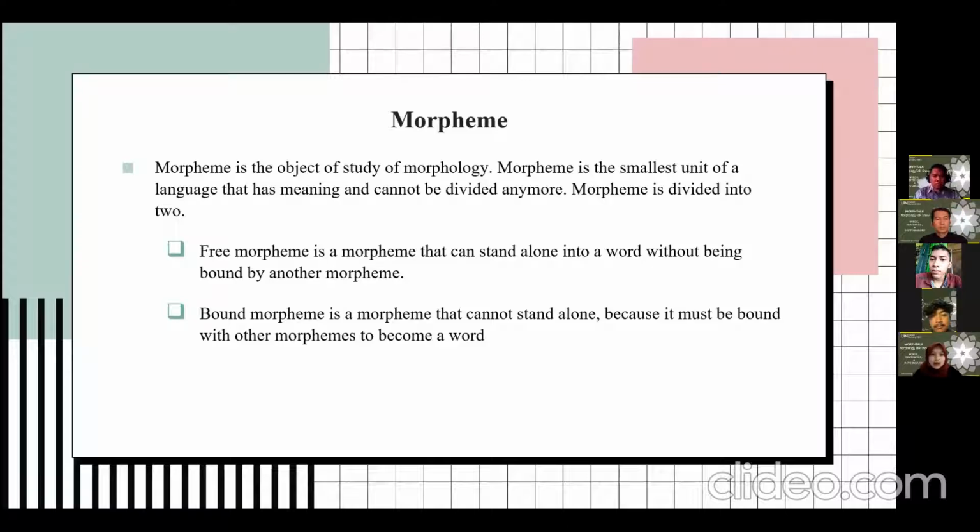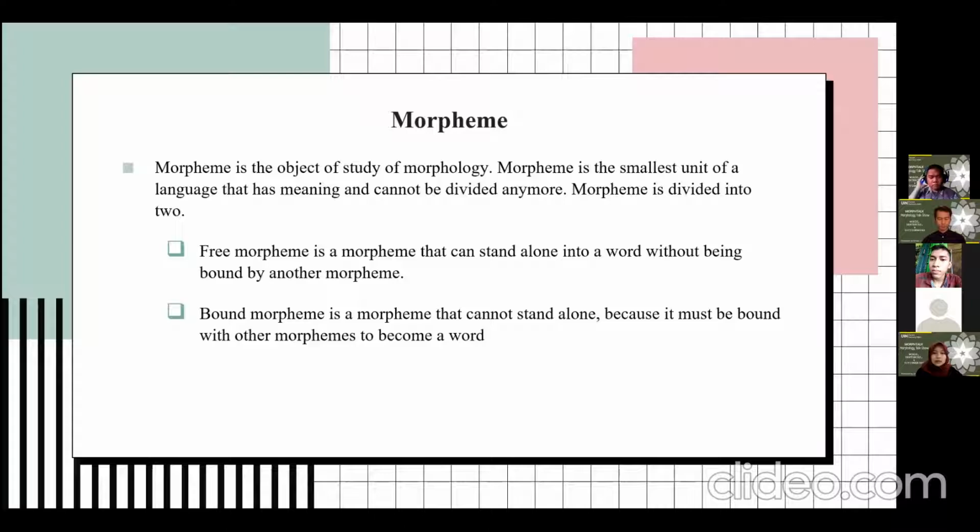The first one is free morpheme. It is a morpheme that can stand alone as a word without being bound by another morpheme. So this kind of morpheme is independent. The second one is bound morpheme. It is a morpheme that cannot stand alone because it must be bound with other morphemes to become a word.